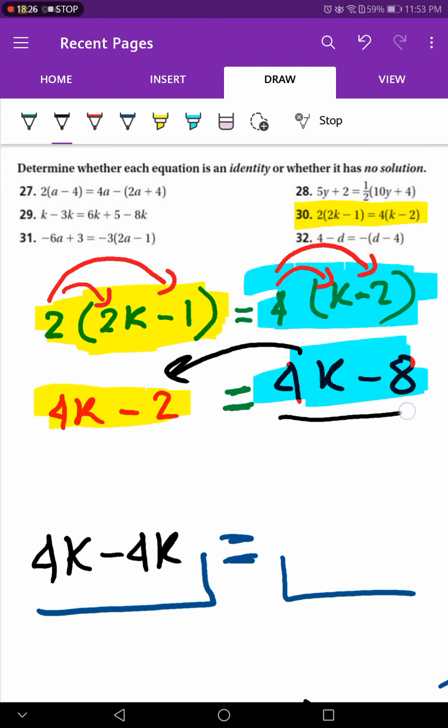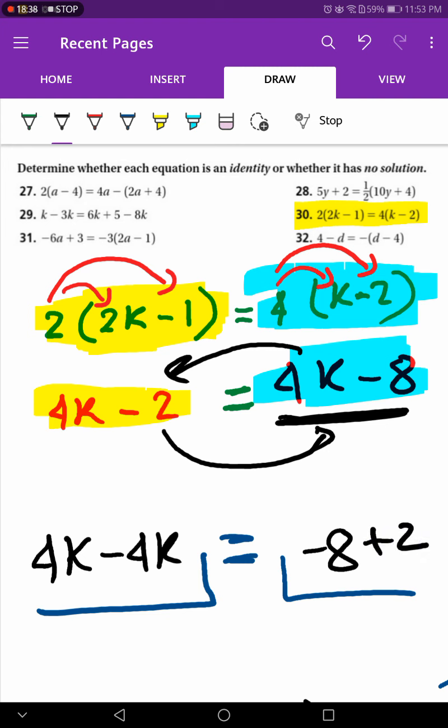And the right side has negative 8, and I will bring all the numbers to the right side; it will be plus 2. So 4k minus 4k equals 0, and negative 8 plus 2 equals negative 6.